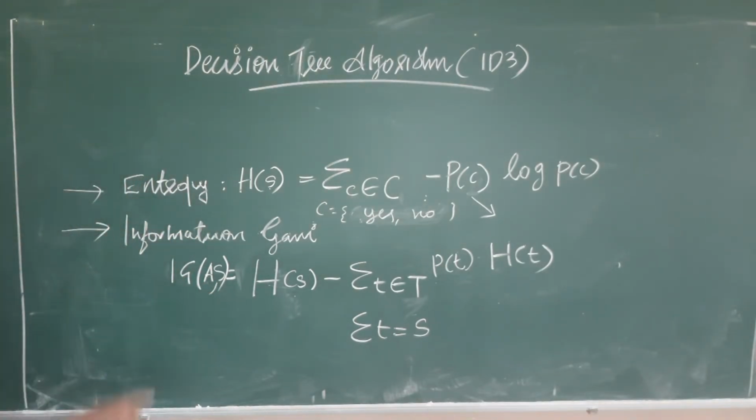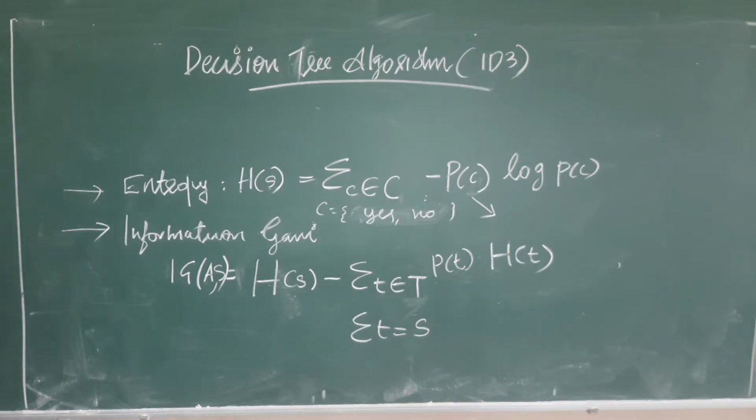Okay, so this is how we find out information gain. So these are the two parameters that we use. So I repeat, for splitting we choose the attribute with minimum entropy or maximum information gain. So yeah, we'll see the algorithm.